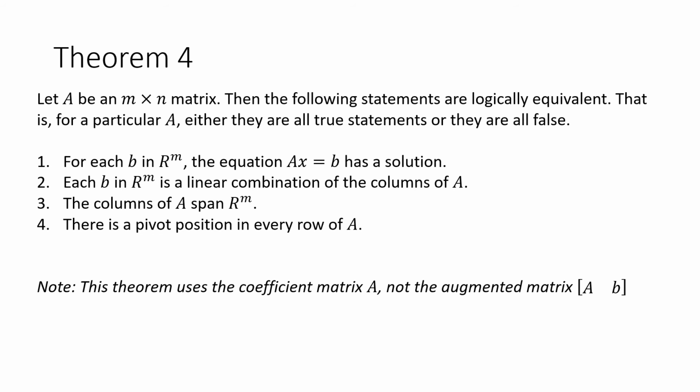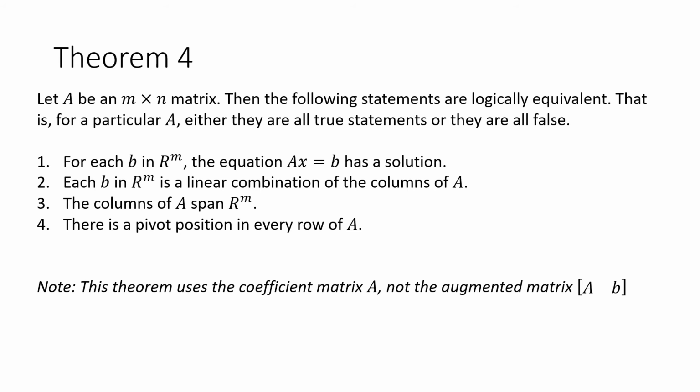So what are the statements? For each B in Rm, so in other words, if B is an m-dimensional or an m by 1 matrix, the equation Ax equals B has a solution. So if it's the case that no matter what you pick for B, there is a solution, then it also means that that B is a linear combination of the columns of A. And that's looking at what we just looked at, and the idea of the product of a matrix times a vector.